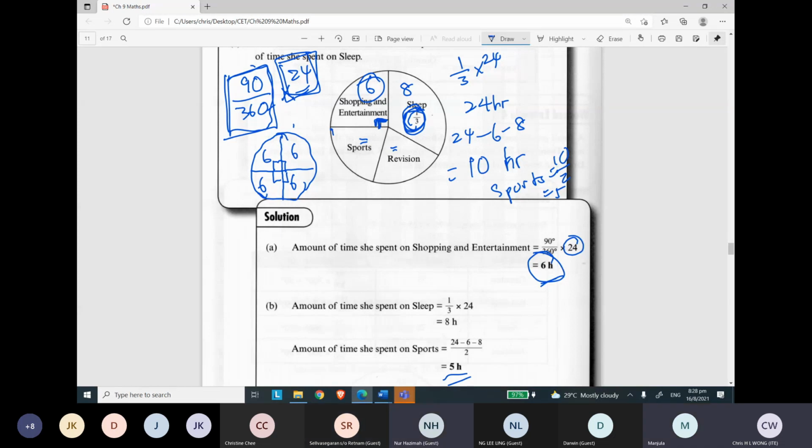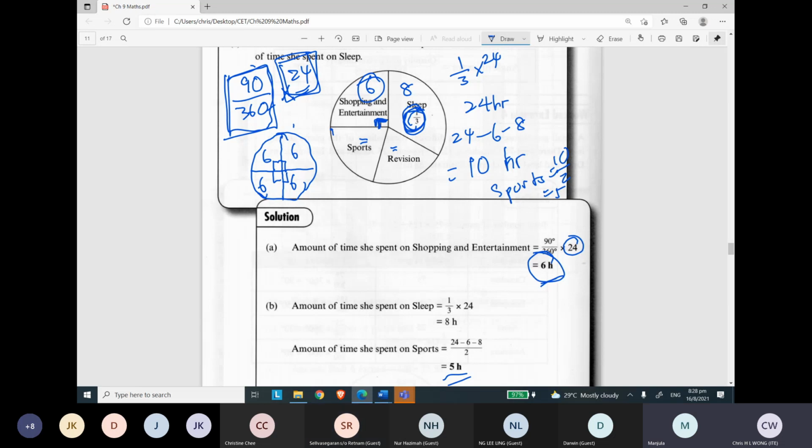Mr. Wong, I understand that when they show this pie chart and the question is about time, that means it should be 24 hours, right? Correct. Percentage means 100%. If it's a day, you times 24.